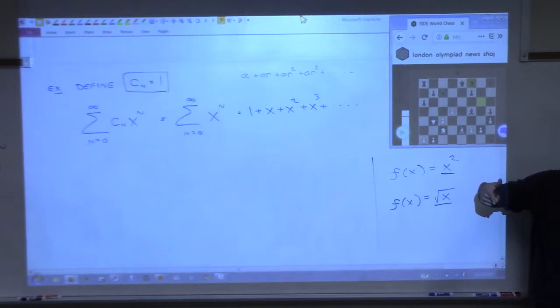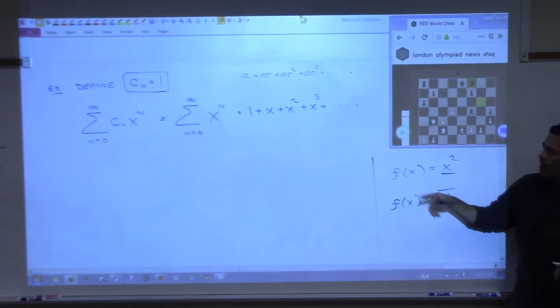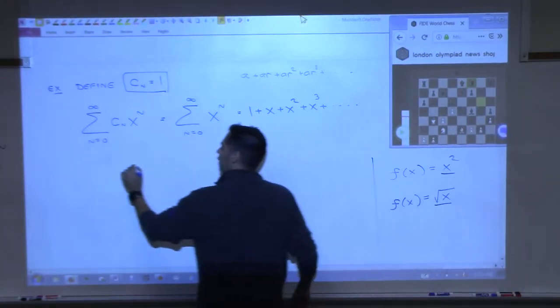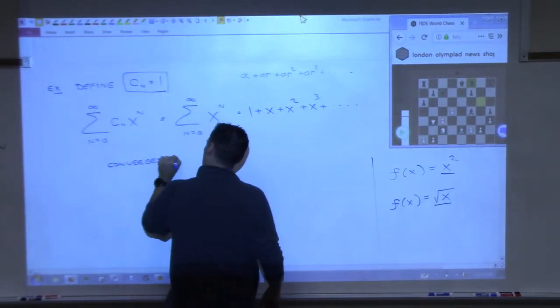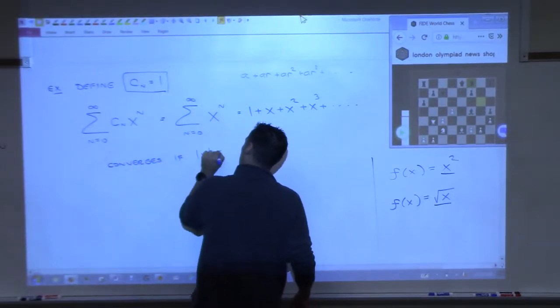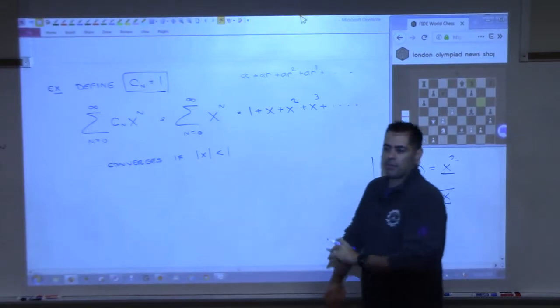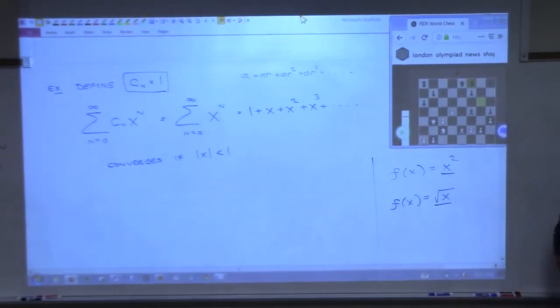If what? If R, but R is not here. What is it for us? It's x, right? This converges if the absolute value of x is less than 1.